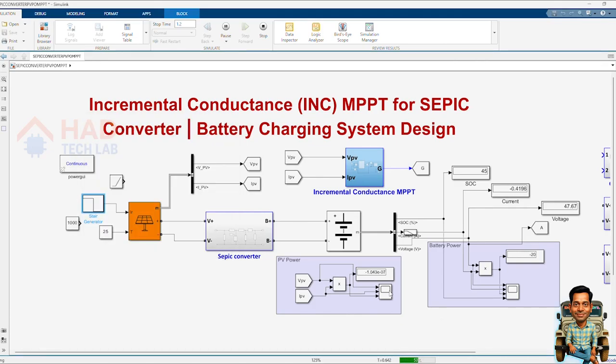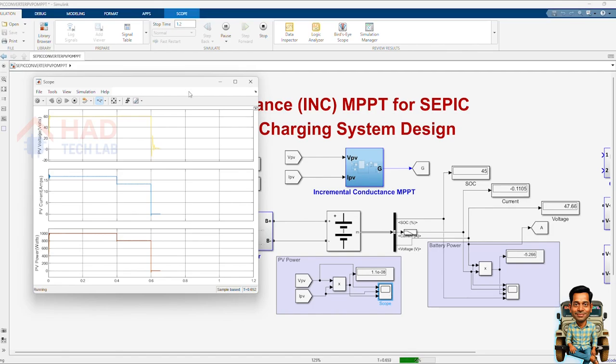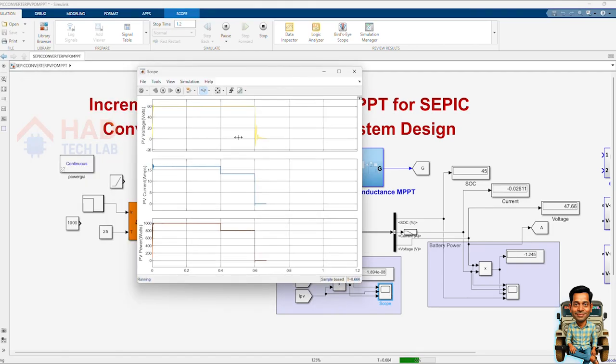You observe the input under different irradiance conditions. For the irradiance level 1000 we are getting 1000 watts, and at 0.4 second the irradiance level is 800.